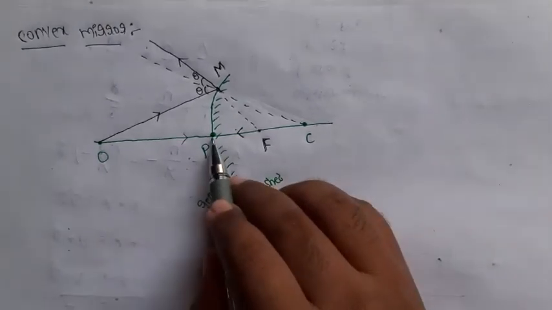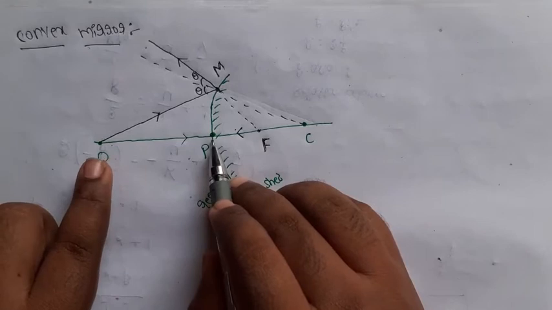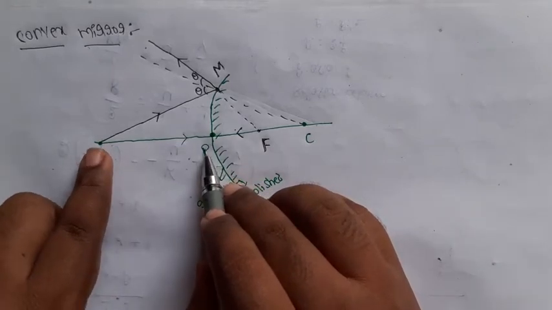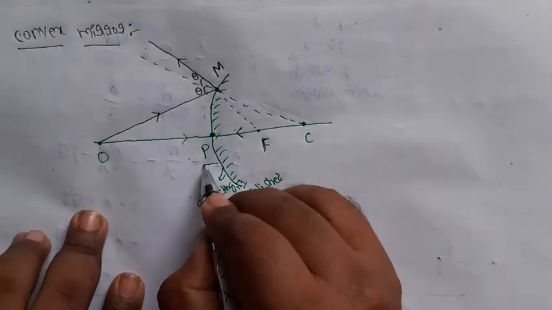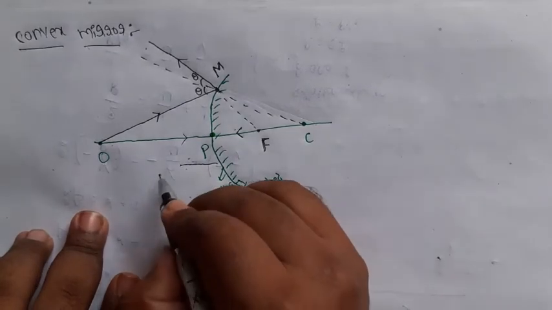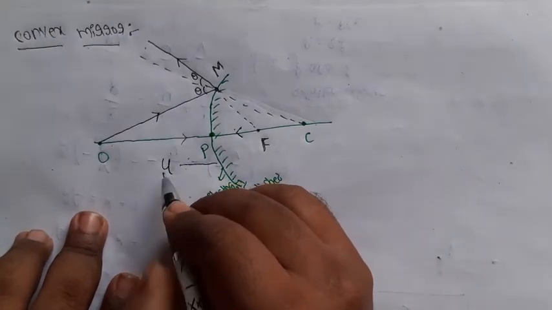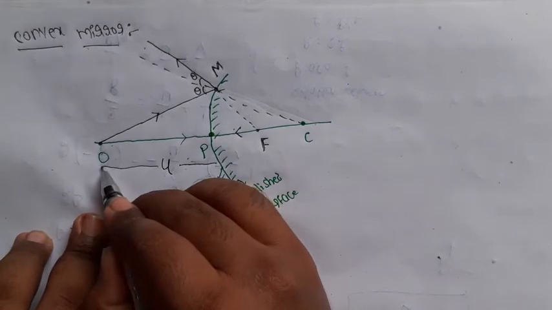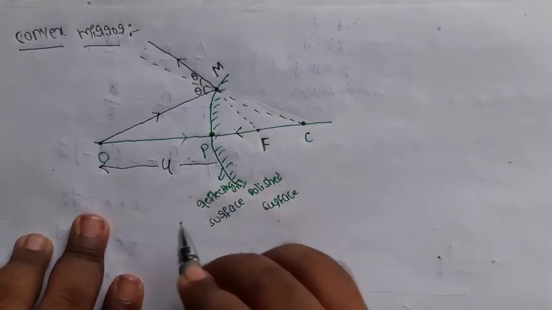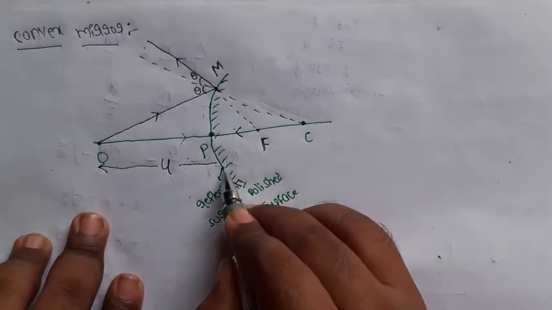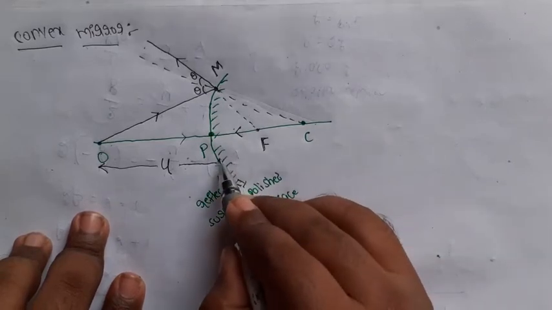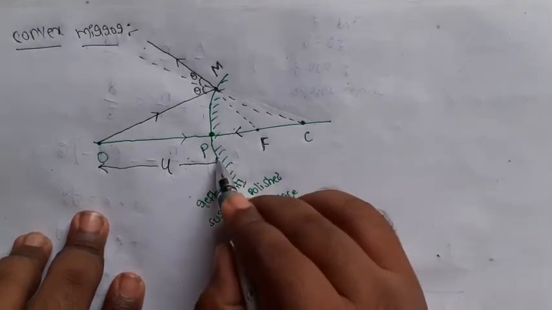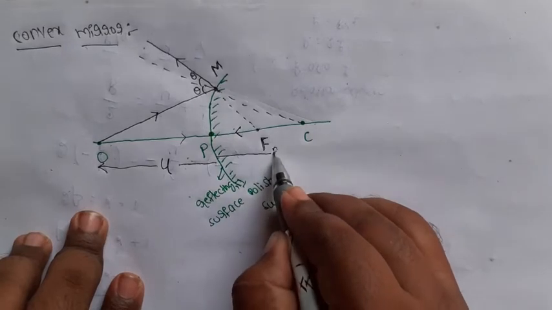So this is the pole point. The distance from pole to object is called object distance, denoted by letter U. So this is the distance U. Pole to center of curvature, P to C, is called radius of curvature.